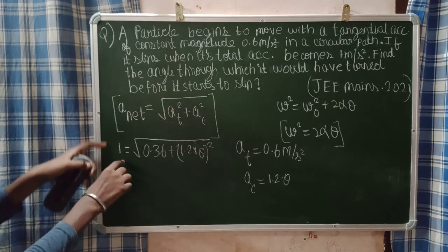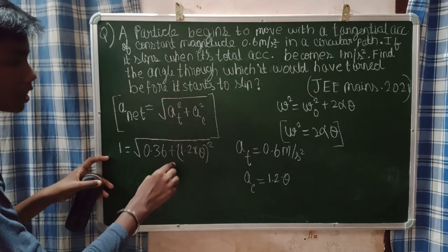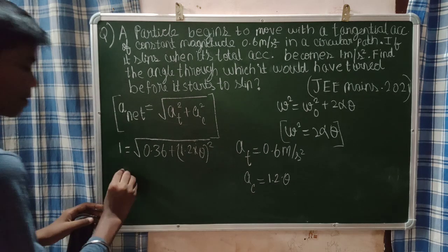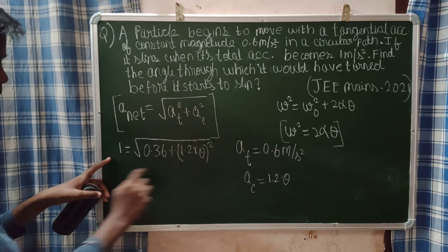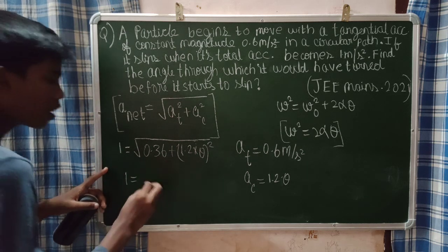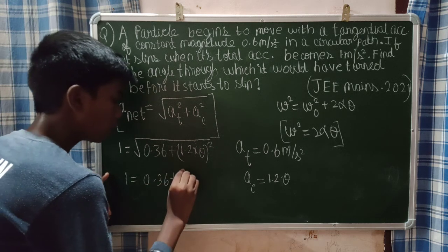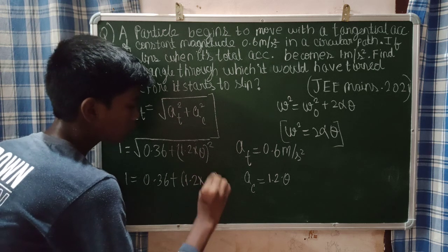So net acceleration 1 is equal to root of AT square, that is 0.6 square, that is 0.36, plus AC square, that is 1.2 theta whole square. Now it's going to be very simple. In this equation, square on both sides. When you square on both sides, I will get 1 square, which is 1 only. On the RHS, you will get 0.36 plus 1.2 into theta whole square.